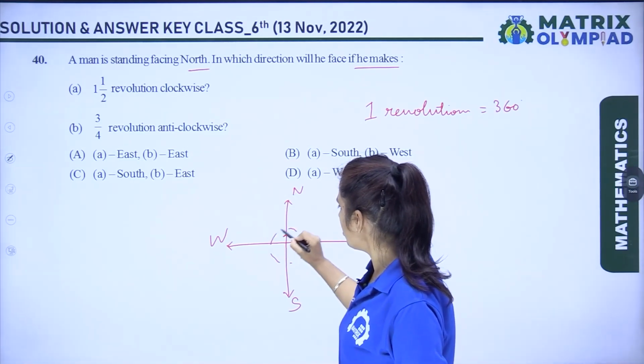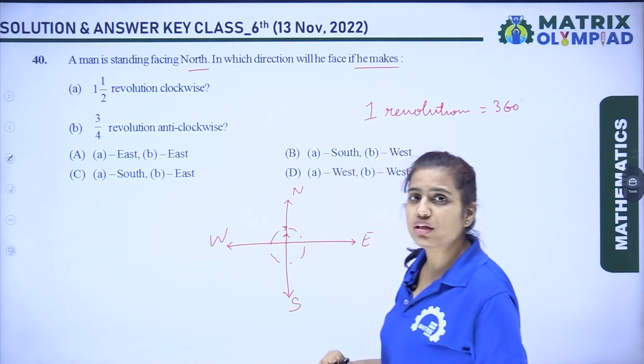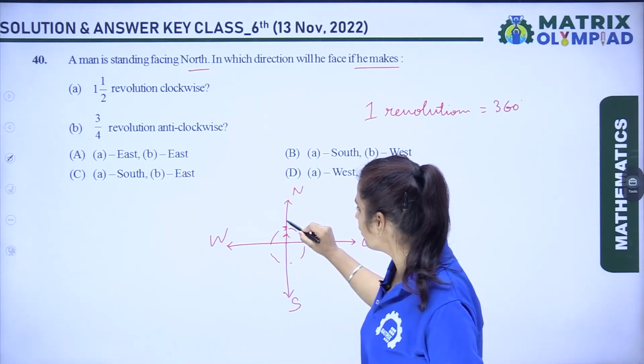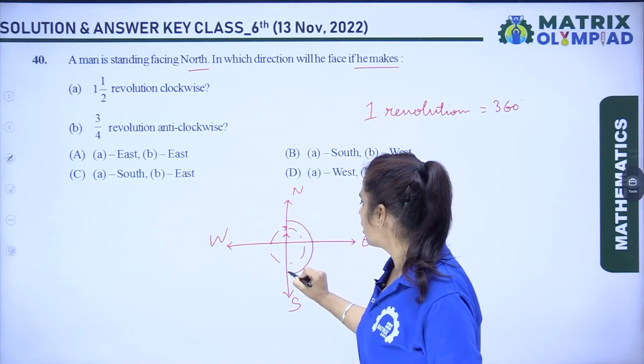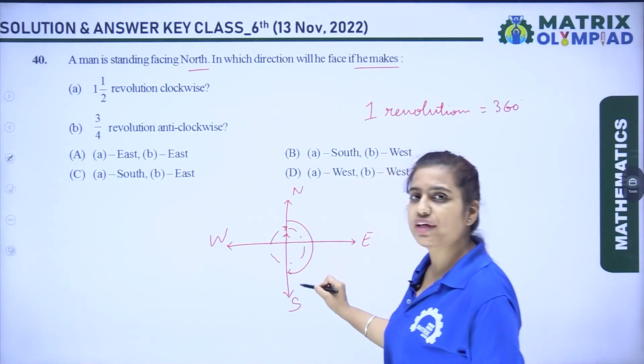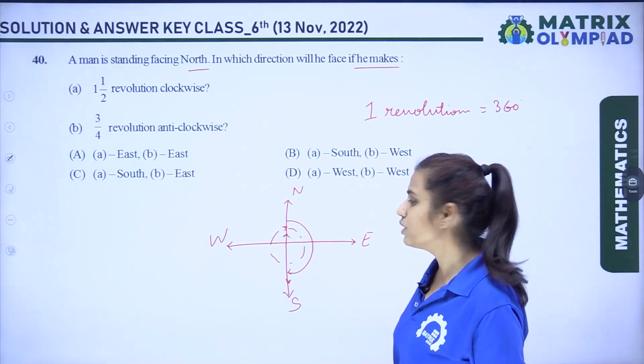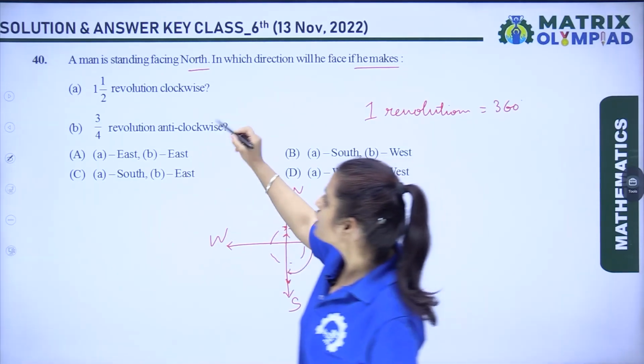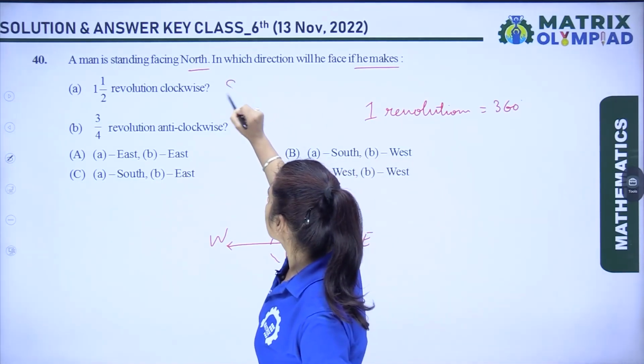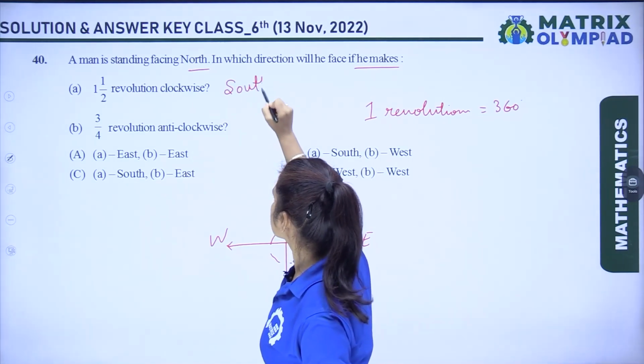So, this is the complete one revolution. Now the second one will be half revolution, that is 180 degrees. Now the person is facing south direction. So for the first part, the person is facing south direction.